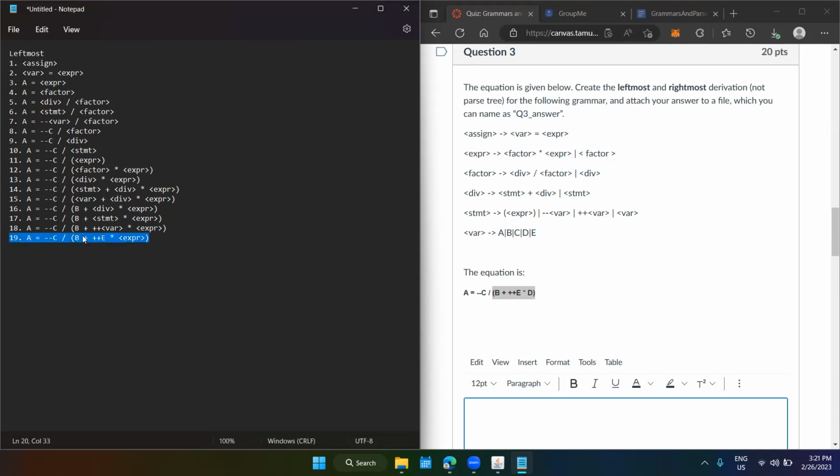Let me just, I'm done. Expression points to div. Wait, is that wrong? It points to factor, and then to div.